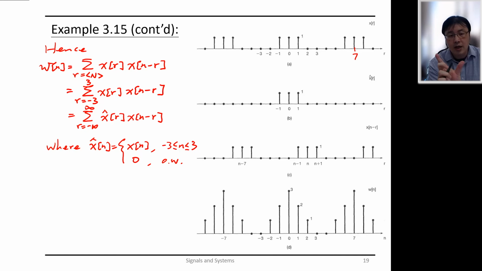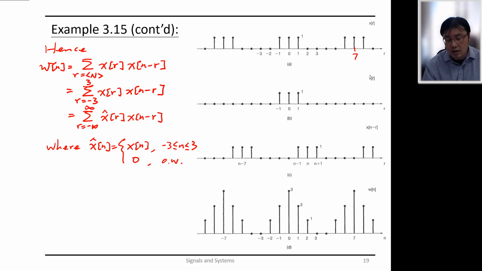That is, xr flipped about the origin, but then moving the midpoint to n. Now, instead of looking at xr directly, we look at the effective signal x hat of r, that is equal to 0 outside of the range of summation.